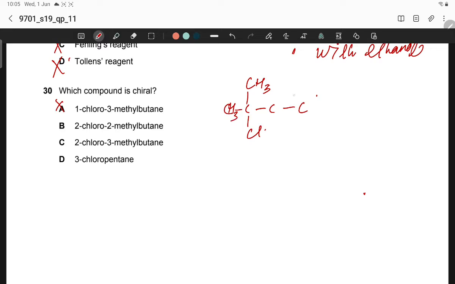CH3 CH3 CH2 CH3. This is again not chiral because this carbon is not surrounded by 4 different groups. 2CH3, this carbon is surrounded by 2 same groups, so it is not chiral.